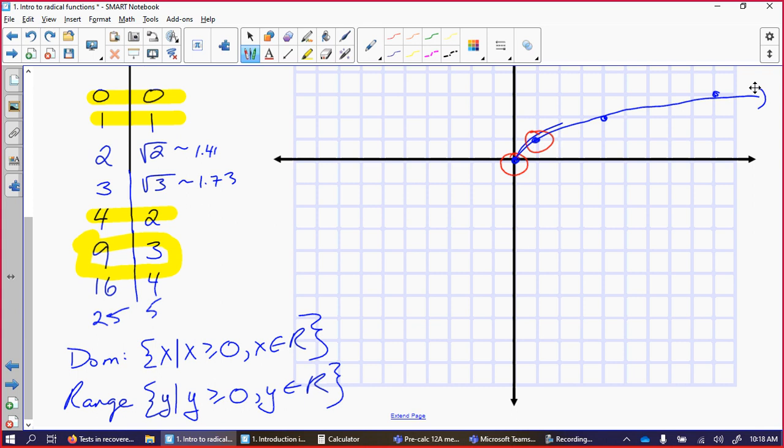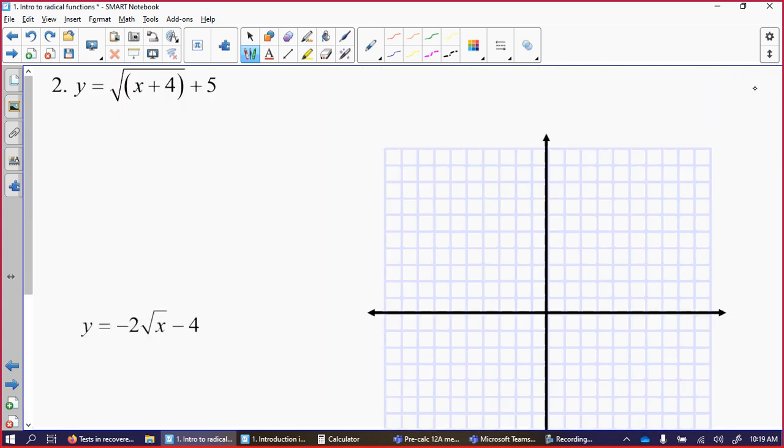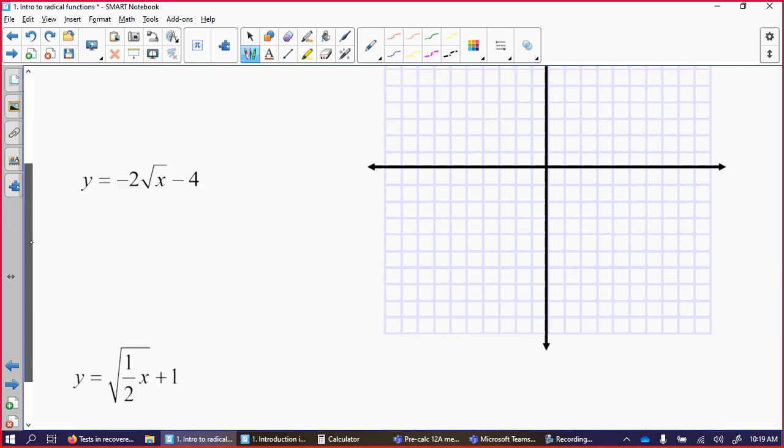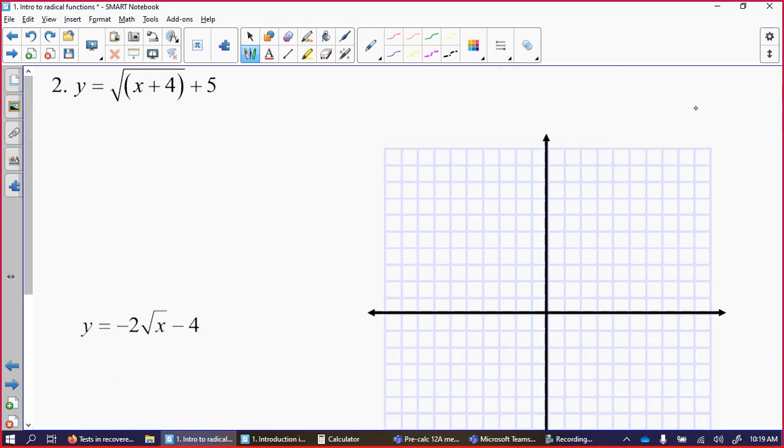So that's our base graph. What we're going to do in this kind of outcome is plot 3 of them. I really like the mapping rule better. Figure out the mapping rule, key points.